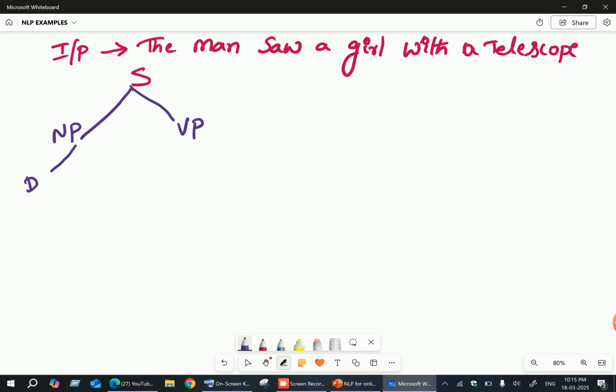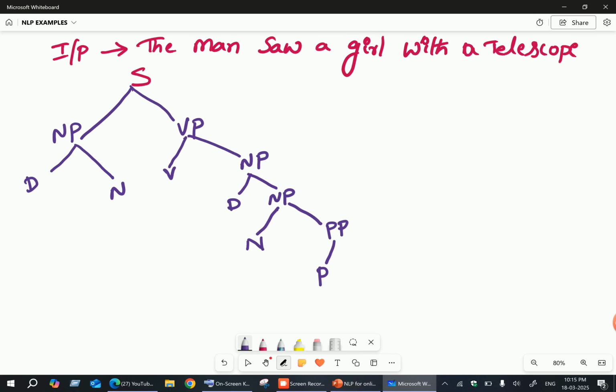Then again noun phrase, based on our input sentence, is determinant and noun, and verb phrase is verb and noun phrase. Again the noun phrase is determinant and noun phrase. Again the noun phrase is noun, based on our input sentence. Remember this. Noun phrase, and it is a preposition phrase. And preposition phrase is preposition and noun phrase. So finally the noun phrase is determinant and noun. So this is the tree for the given input sentence.